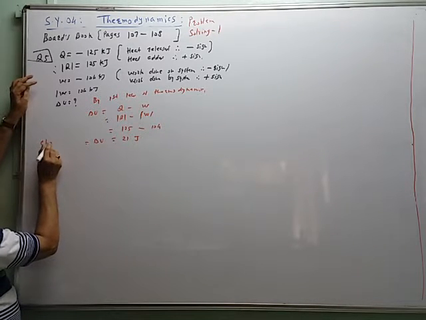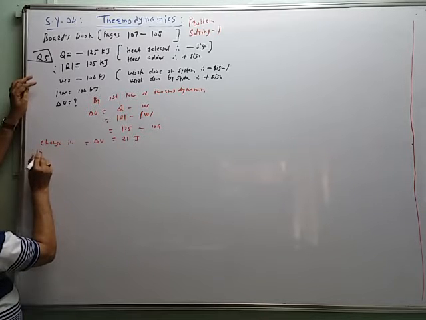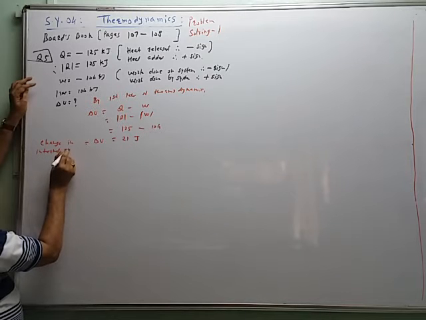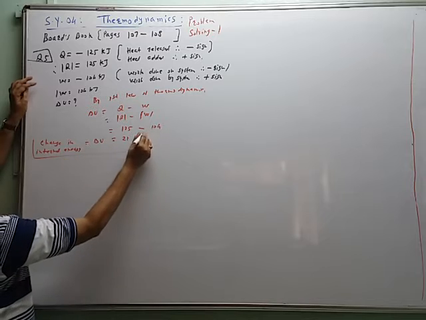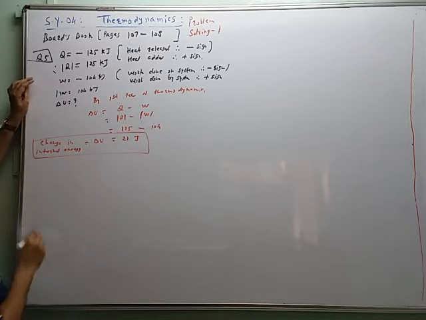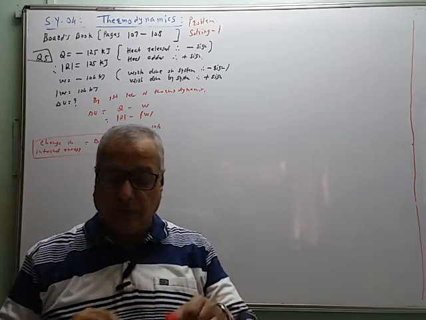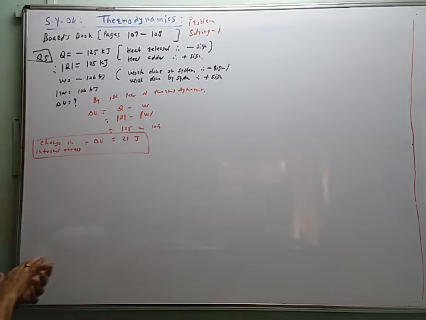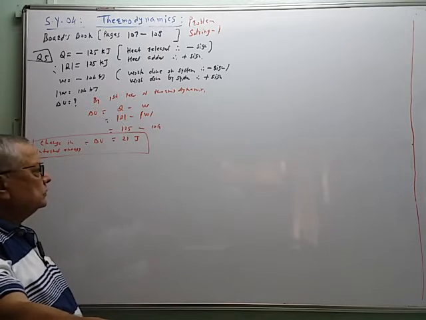Change in internal energy delta U is equal to this much, 21 joule. Actually by sign convention it will have a minus sign. We have taken the mod like this.